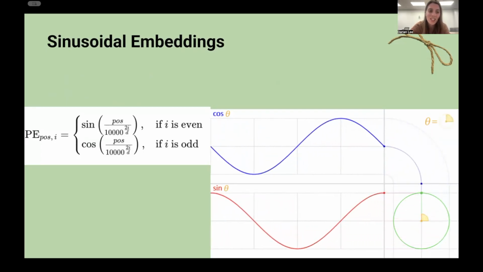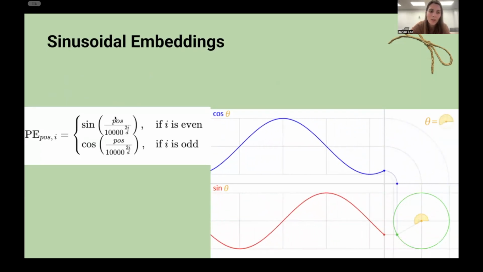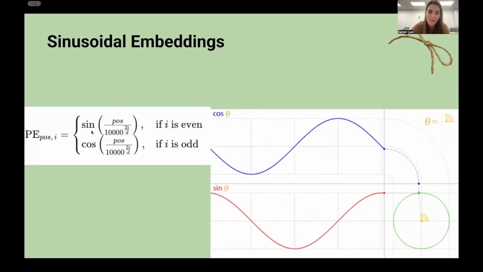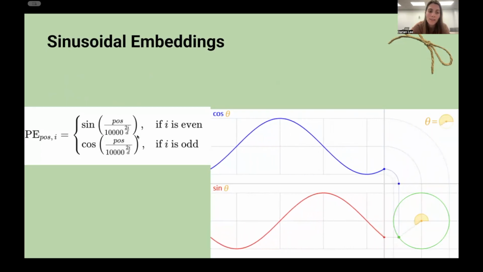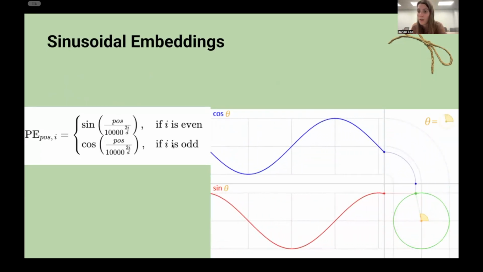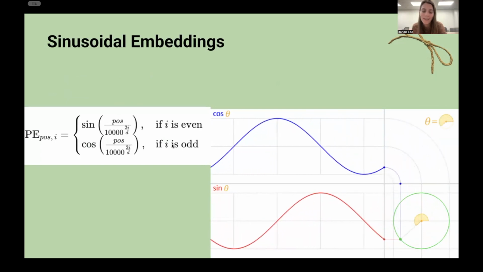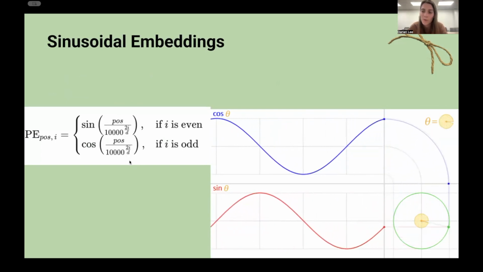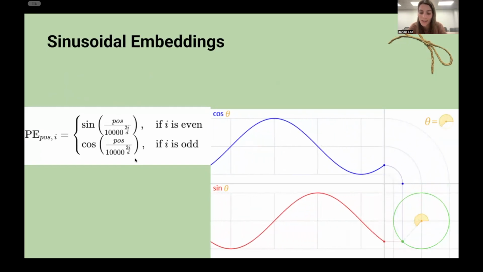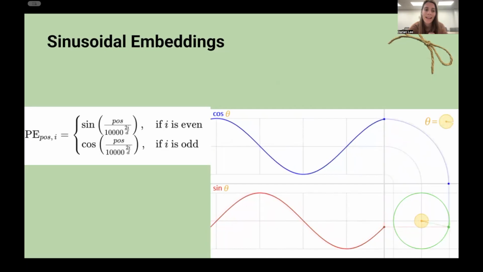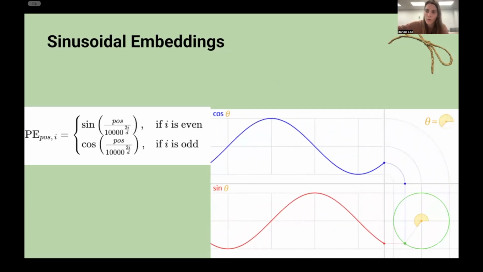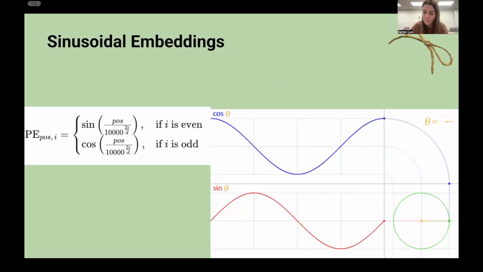And essentially, what these do is you are changing the angle at which you are taking sine and cosine based on I, which is the sentence index, so whether it's the zeroth or the tenth token in the sentence, and D, which is the dimension index. So if your embedding dimension is something like 120, then you're going to have the zeroth dimension, the first dimension, and so on up until 120.